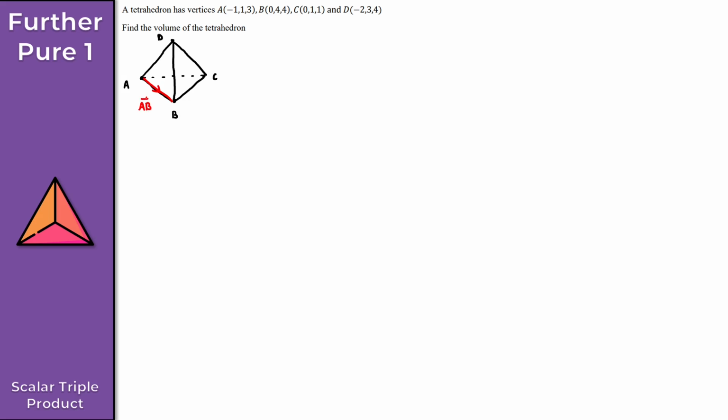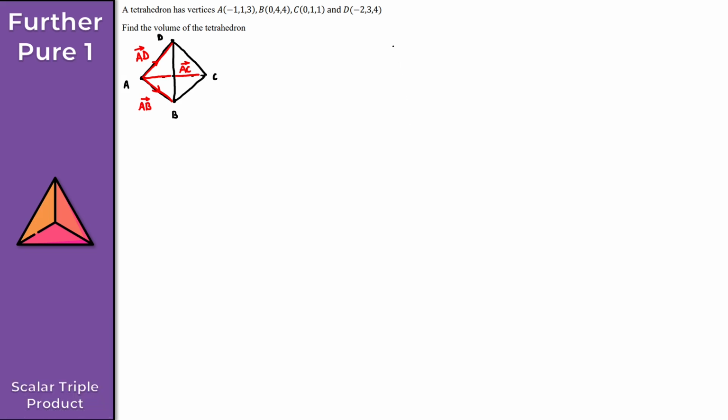We want this vector here. This is the vector AD. And we also want this vector here through the middle. Okay, and that's the vector AC there. And with these 3 vectors here, we can then easily find the volume of the tetrahedron.